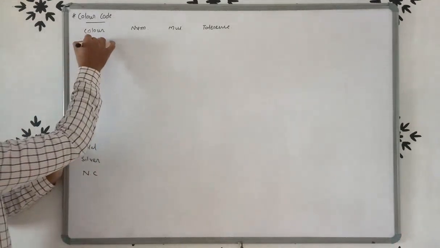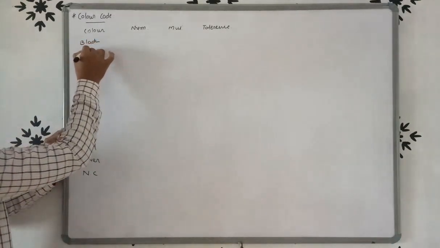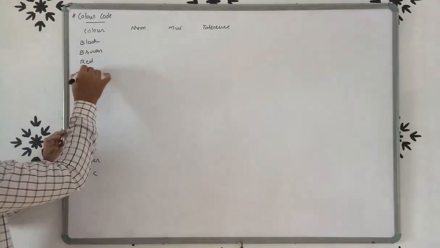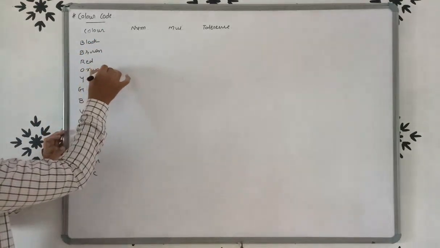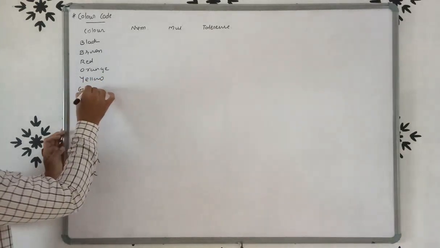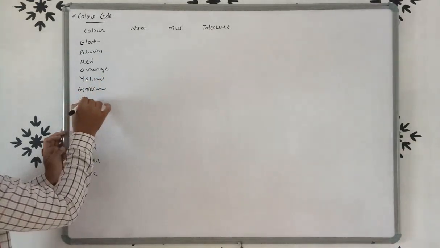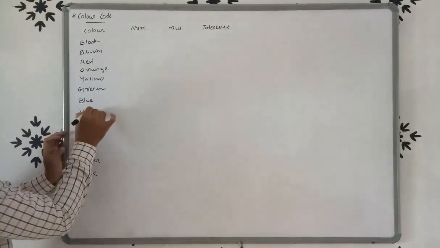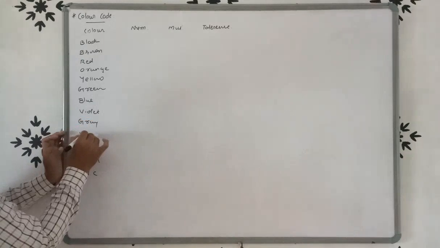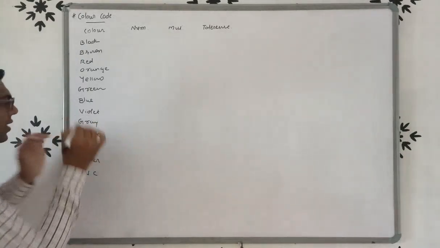Now you have to define the colors. First one is black, then brown, then red, orange, then Y yellow, G green, B blue, V violet, G grey, W white.